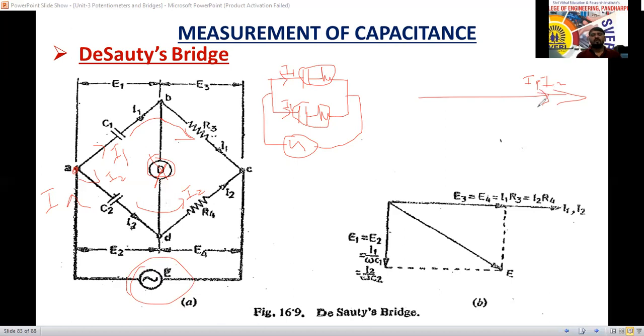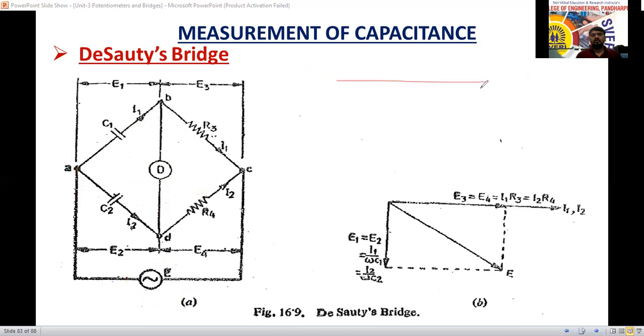Next, I will erase everything for understanding purposes. I have taken the reference point here, I2. Next, the current I1 will start to flow here.